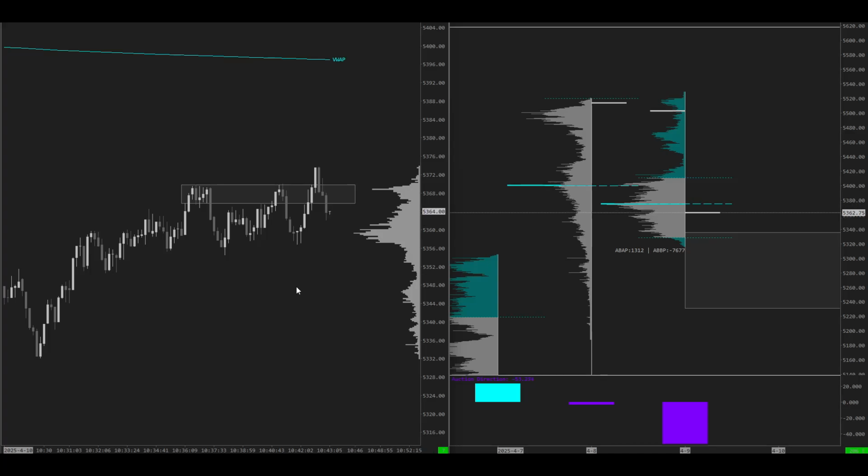Okay, it might be a look above and fail. That's a quick turnaround on a tick chart. I want to see these lows get taken out here. I'll go ahead and draw that in.